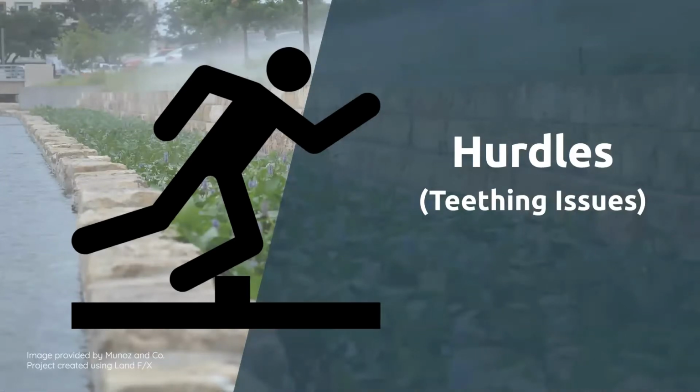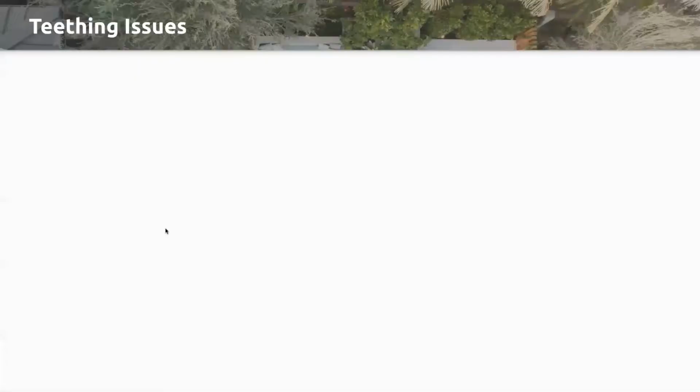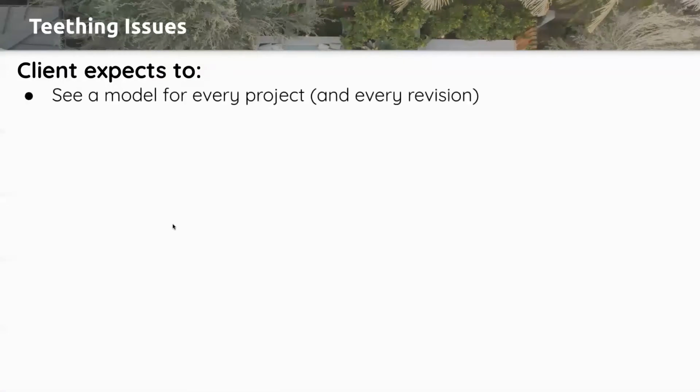So getting right into it, we're going to consider these teething issues, those little things that might hold up the project or that you stumble across as you start with a new client or an existing client. Maybe you're getting into SketchUp, but really understanding what some of these issues are that clients actually have. A lot of times the client expects to actually see a model for every project.